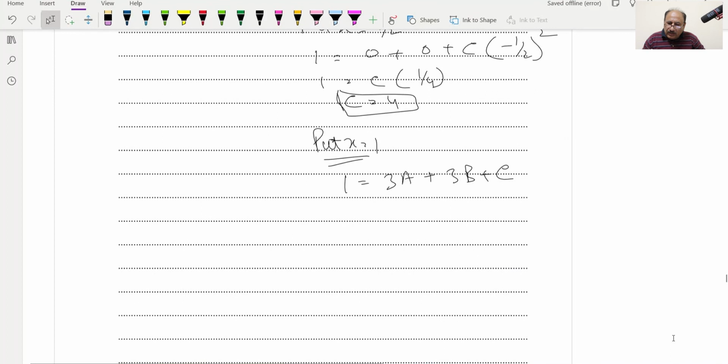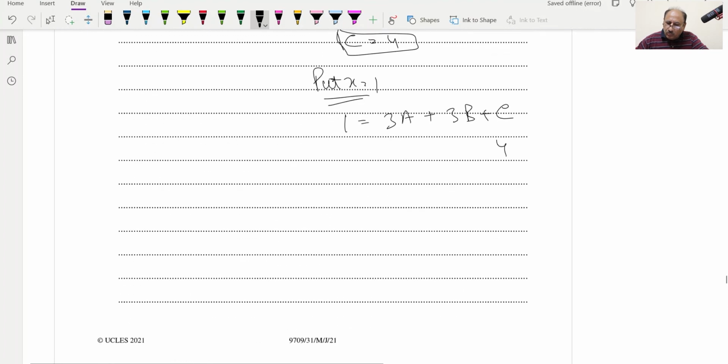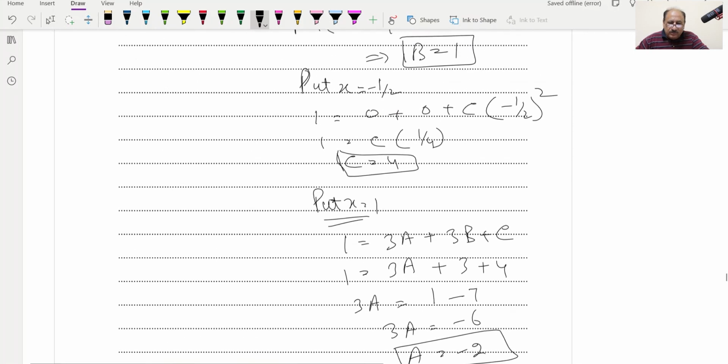We can replace the b and c values: c is 4 and b is equal to 1, so 3a is equal to 1 minus 7, so 3a is equal to minus 6, so a is equal to minus 2. This will be the a value. So we found the a, b, c values.